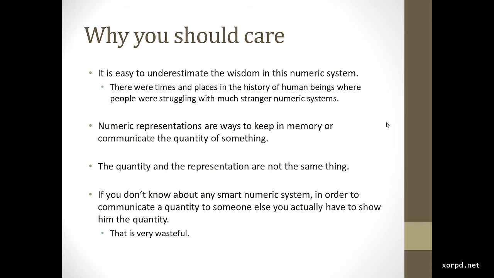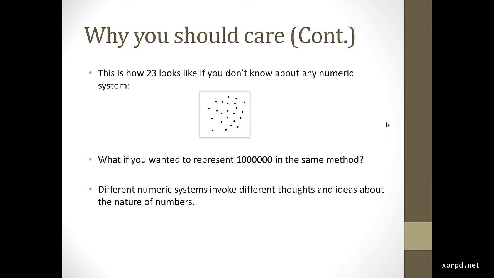If you wanted to tell somebody else that you have lots of stones, and you didn't know about any smart numeric system, you would just have to carry the stones to his place and show him the pack of stones, the set of stones. But if you and him both know about some smart numeric system, you could just write the amount on a piece of paper and show him the amount, and then he understands. For example, this is how 23 looks like if you don't know about any numeric system. We can just see 23 objects.